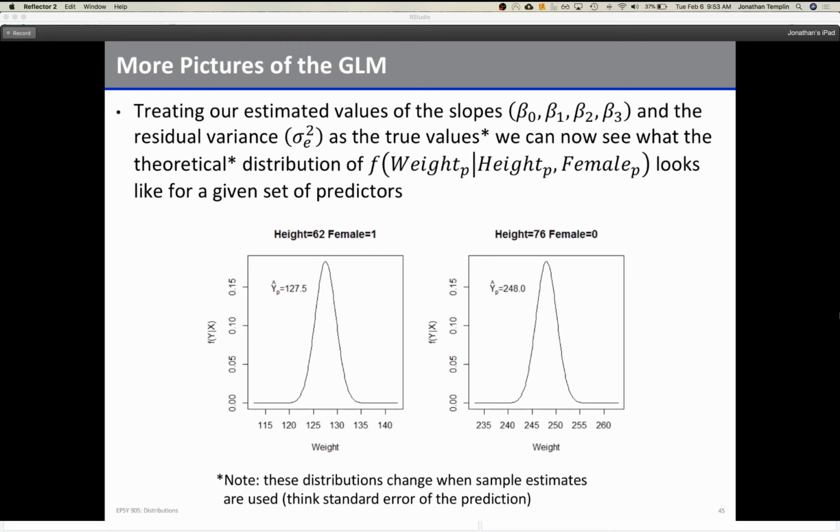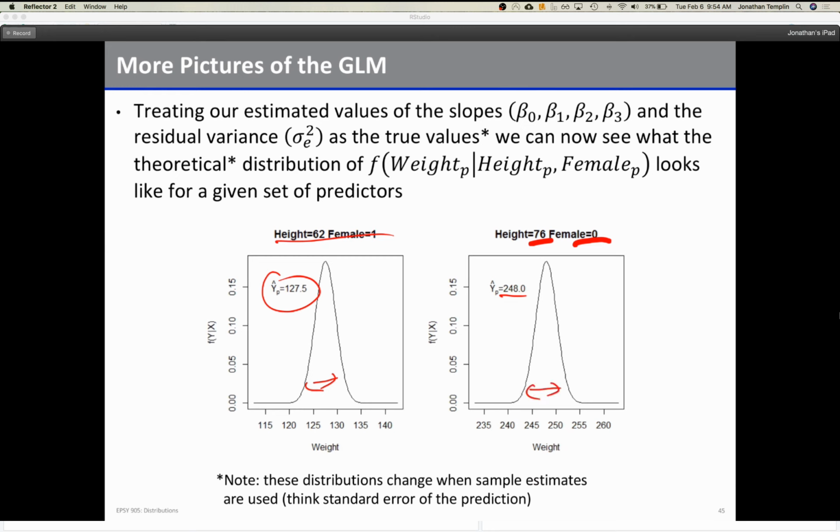Let's imagine we had someone who was a female with height of 62. We would expect their weight to be 27.5 based on our model parameters. We know the variance of that comes from our residual standard deviation squared. Similarly, what we can see here is for a person who's a male who's 76 inches tall, their weight would be expected to be 248 with the same variance.